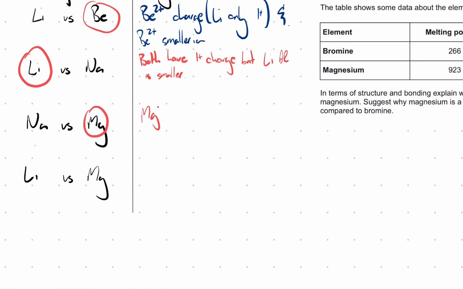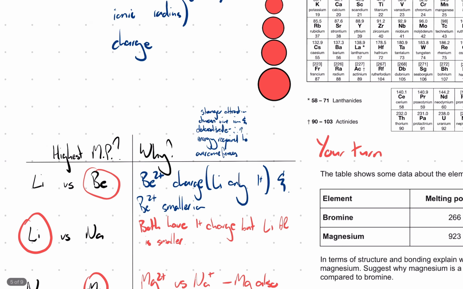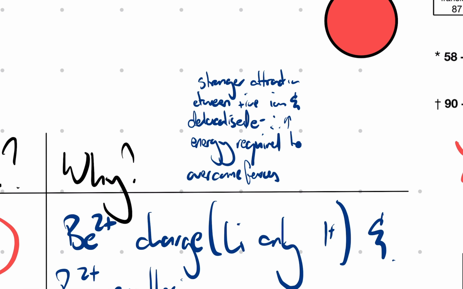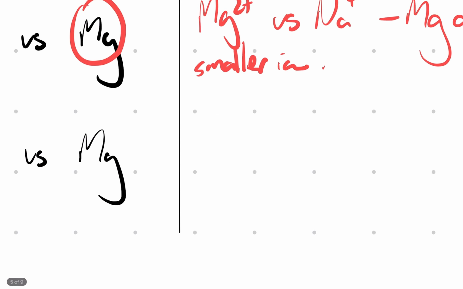Mg2+ versus Na1+, Mg also a smaller ion, and again that catch-all: therefore, stronger attraction between positive ion, delocalized electron, therefore more energy required to overcome the forces.